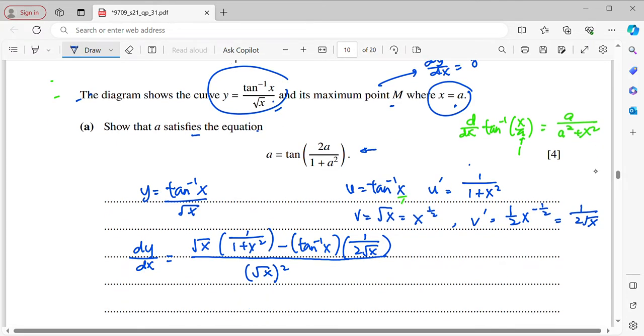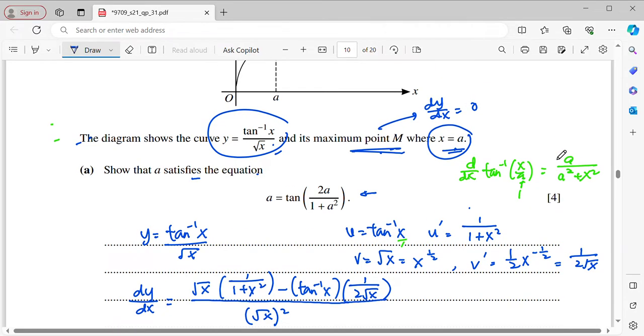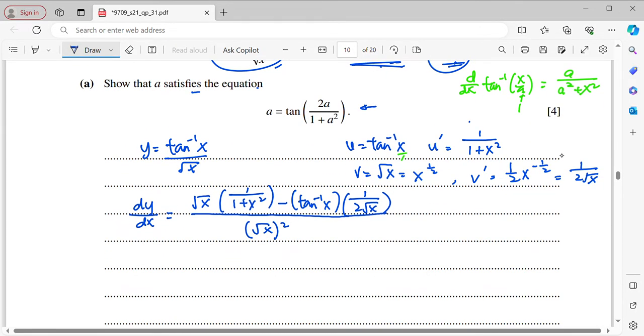Now it's mentioned here that where x equals a, you get a maximum point, which means dy/dx equals 0. So now I will just directly replace x with a, and dy/dx is 0. Then at last I need to show this. So left hand side 0.